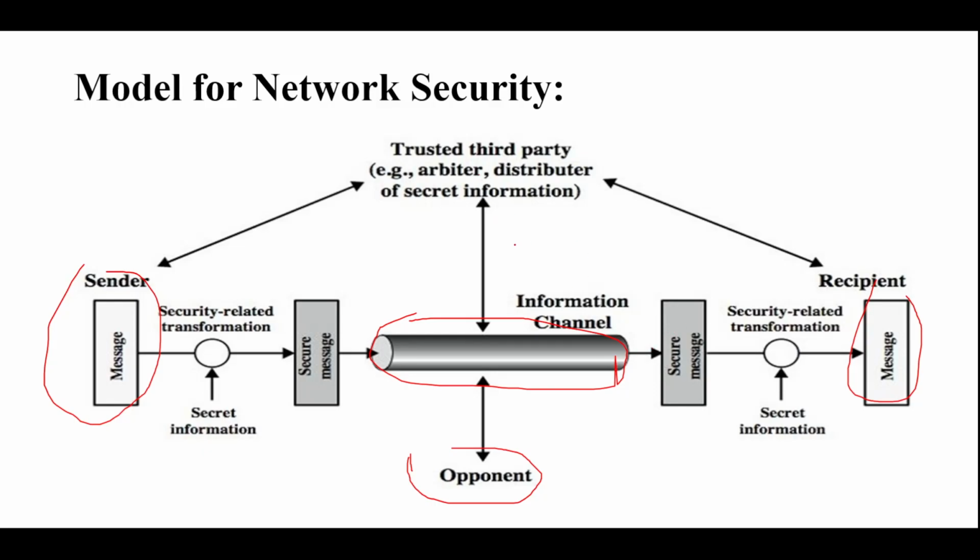But in this model we can have information which will be secret information. Now how is the sender sending the secret information?